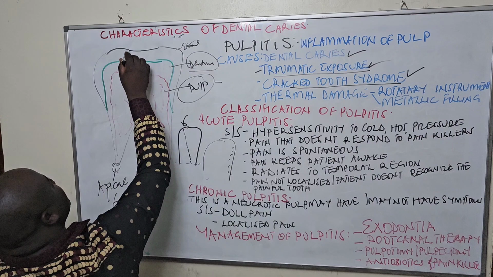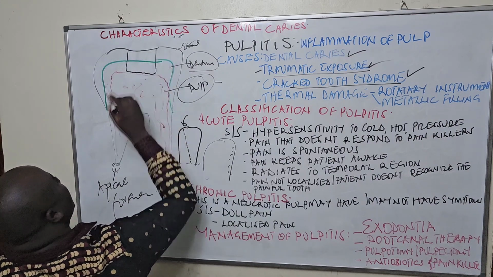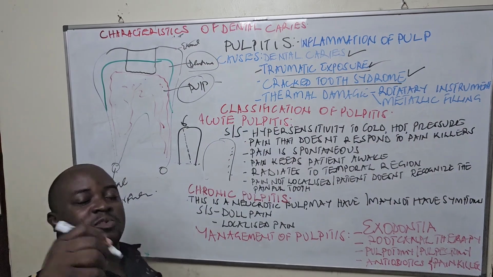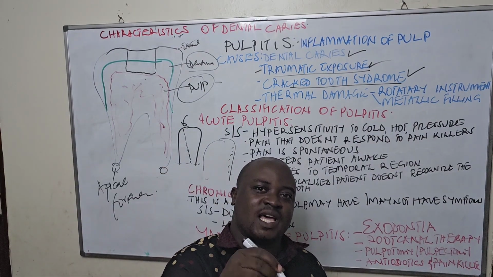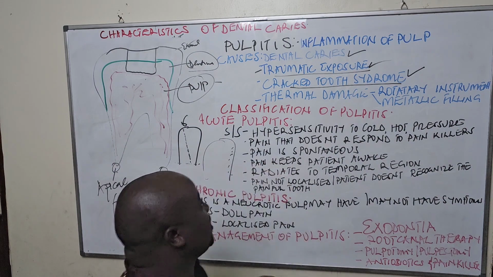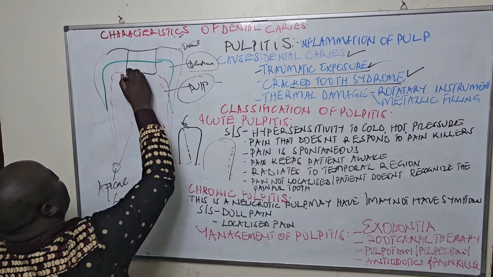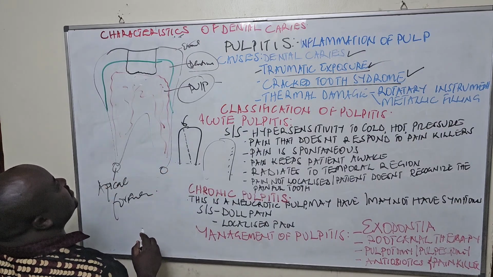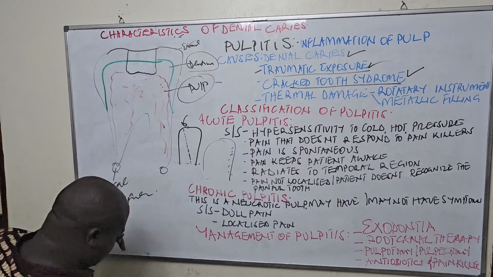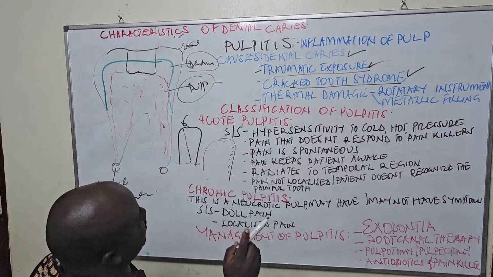But in the case you are removing the caries with a rotary instrument, a handpiece with a bur, it may quickly enter this part here. This is the pulp, that red part. This can lead to pulpitis.